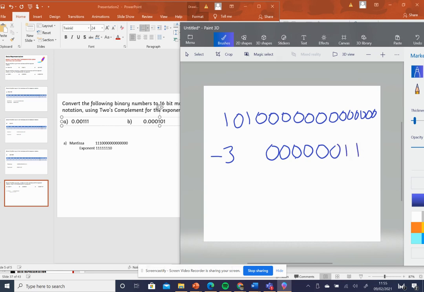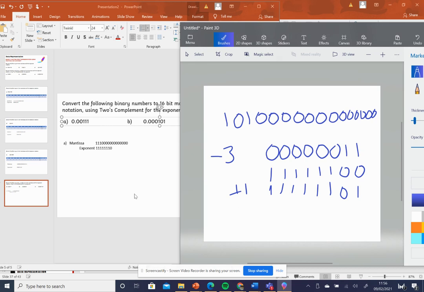Now using 2's complement, I'm going to convert this into a -3. Remember, we invert first, so all of your 1s become zeros and all of your zeros become 1s. We then add on our 1 at the end there. And there is your exponent. So the mantissa is 101, 000, 000, 000, and your exponent is 111, 111, 01.